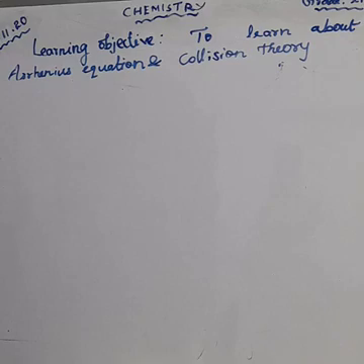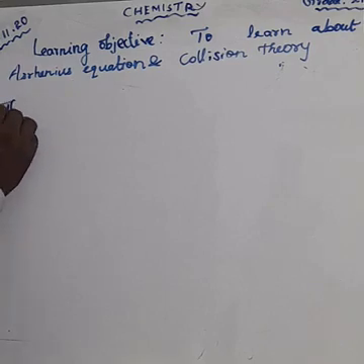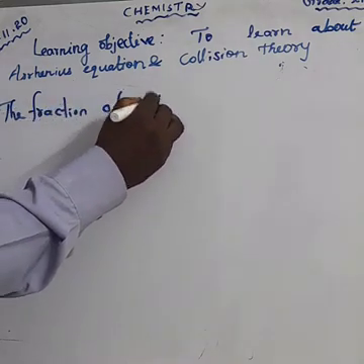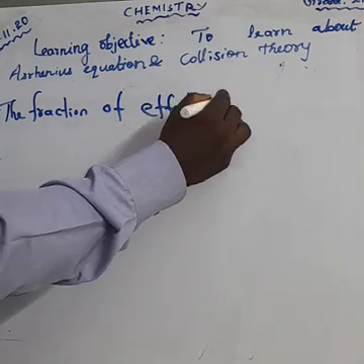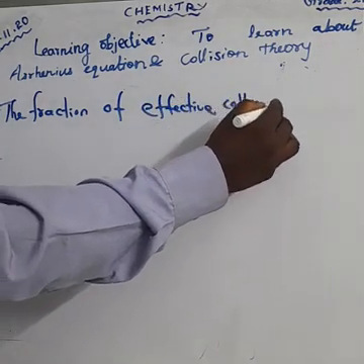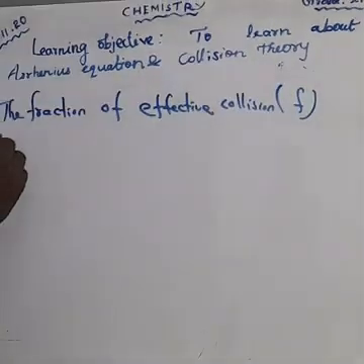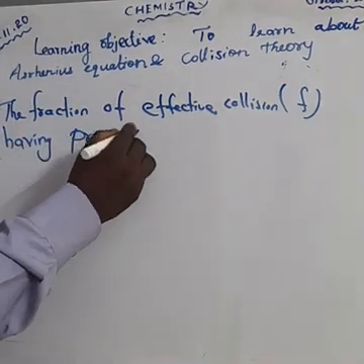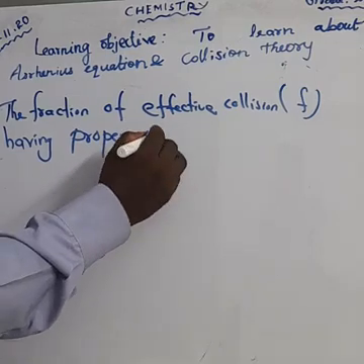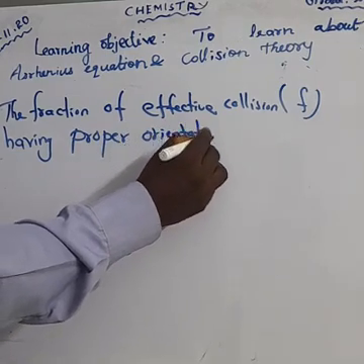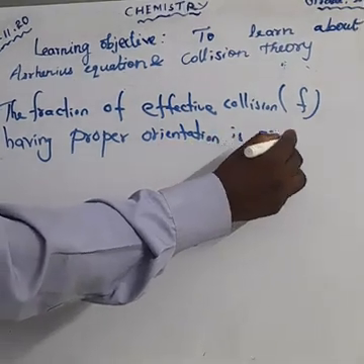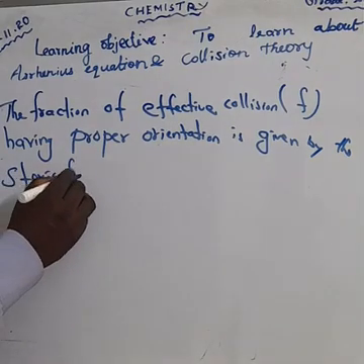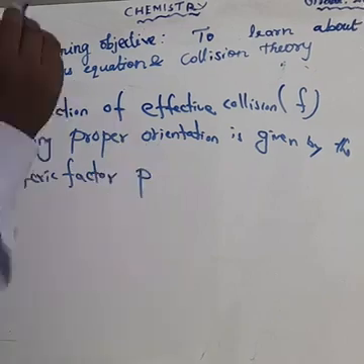We are using the symbol P. The fraction of effective collision, F is the symbol we are using, having proper orientation is given by the steric factor, that we are using P.